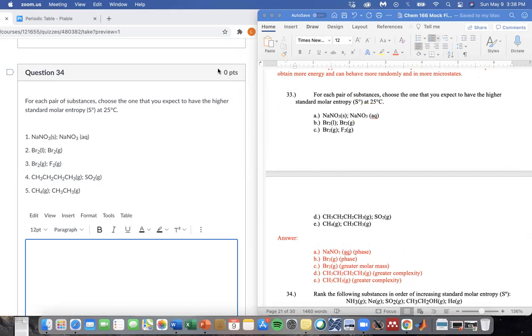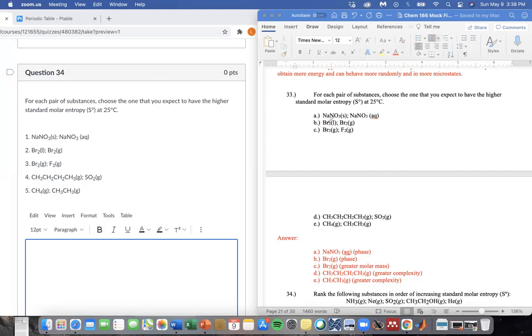So NaNO3 aqueous would be the answer for A. For B, it would be the phase. I messed up. It'll be the gas because the gas has a higher energy phase, and so the entropy of a gas will be higher than that of a liquid, so it'll be Br2 gas.